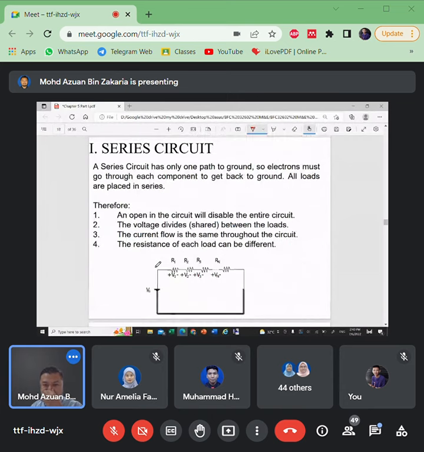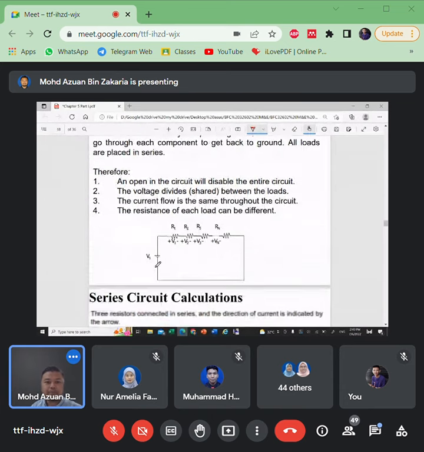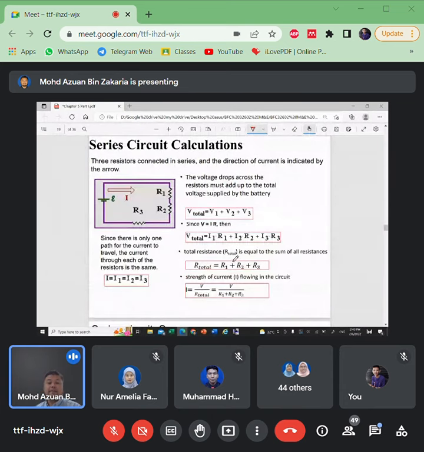Okay, I think better to look like this. Series circuit. V total means V1 plus V2 plus V3. So we have V supply here, and at each resistor, it has its own voltage because the resistor will absorb, we can say in simplest words, absorb some voltage.